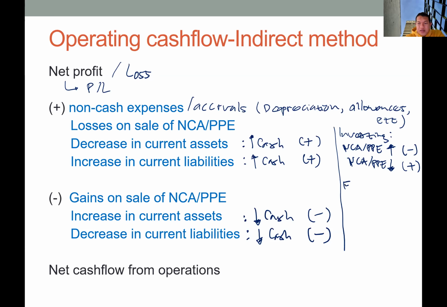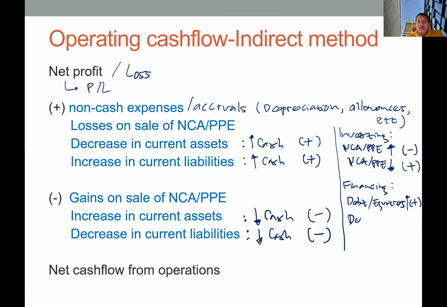And then for financing, if we see an increasing balance of debt or equity, we should add this to the net cash flow from operation, because the company will receive more cash from this new issuance of debt and equity instrument.